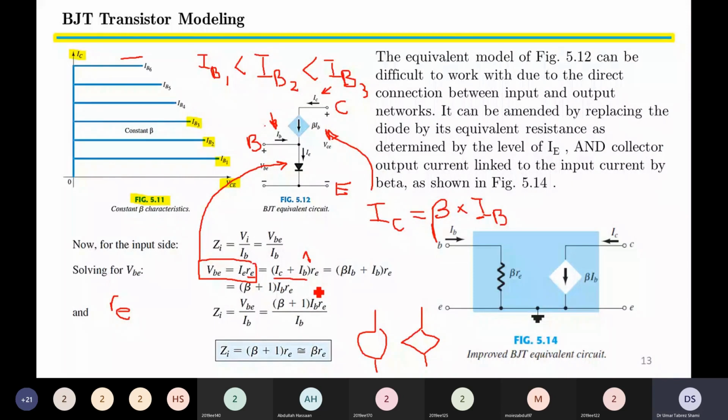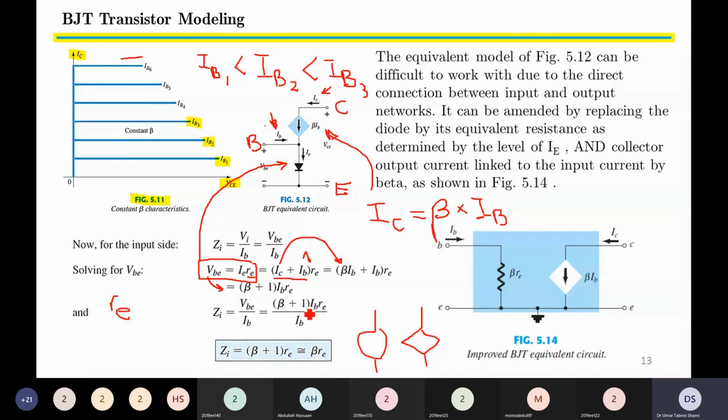And how can we replace IC? With beta times IB. And in this equation, if we take IB as common, we will be left with VBE equal to beta plus 1 multiplied by IB multiplied by RE. So this is the voltage base emitter.